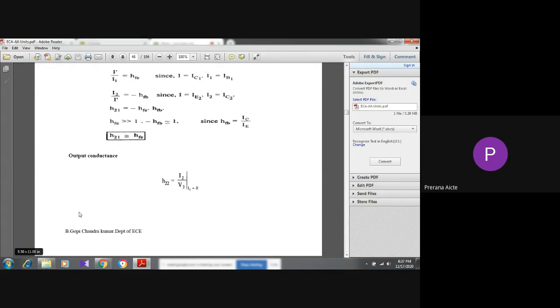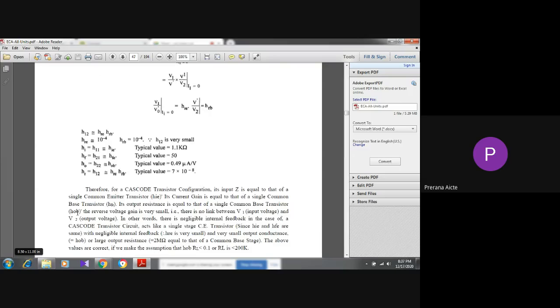Right. H parameters. And these are the standard h parameter values. For a cascode transistor, the input impedance is equal to that of a single common emitter transistor, and its current gain is equal to that of a single common base transistor.